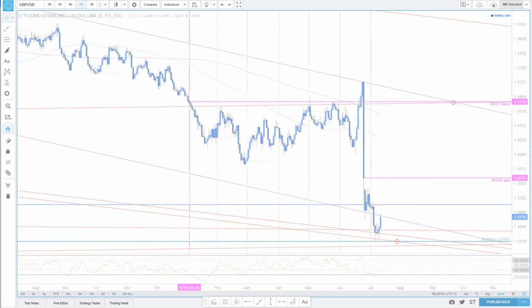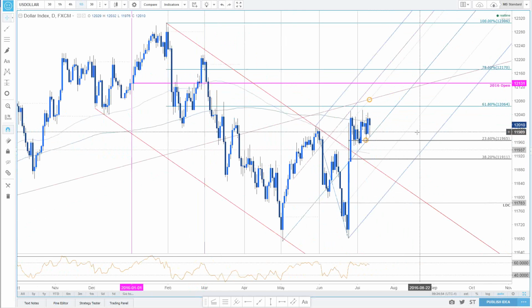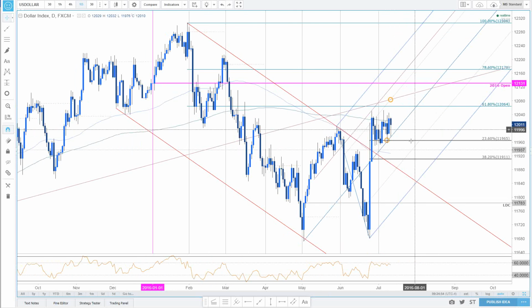The short dollar story for me would be very comfortable if we finally cleared the monthly opening range to the downside, or if we get a downside break below 11,965 on the index. If that were to happen, you were to see broad dollar weakness start to take shape, then yeah, I think pound dollar is going to be a beautiful trade. But if you're taking each trade on its own merits, I do think that you have a little bit more opportunity, and obviously also a much wider range on pound yen.